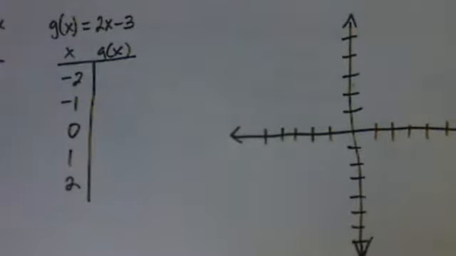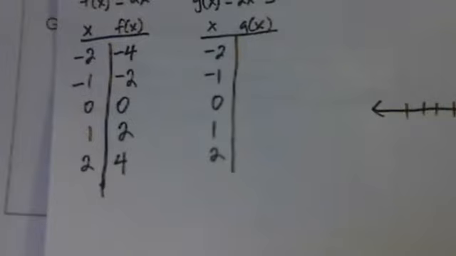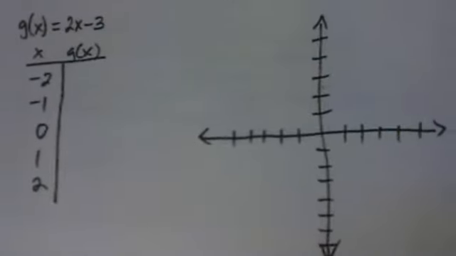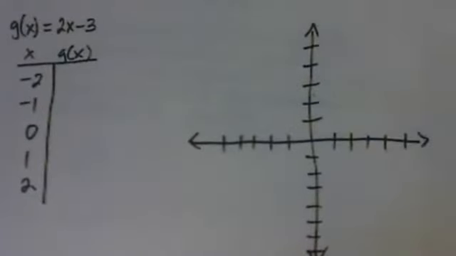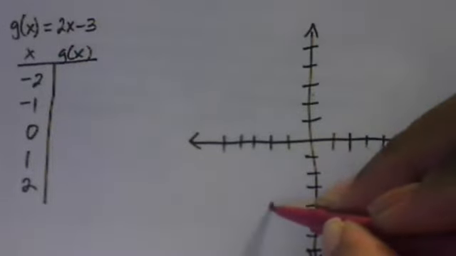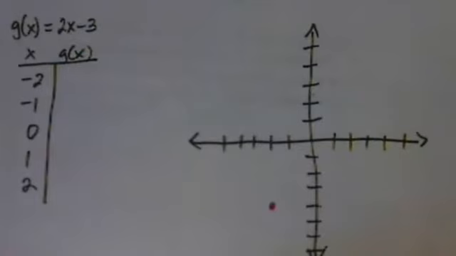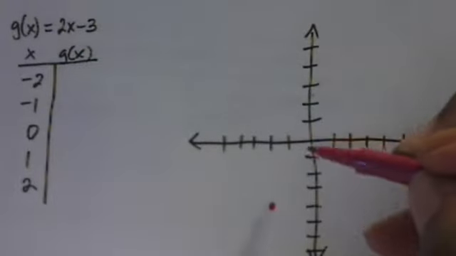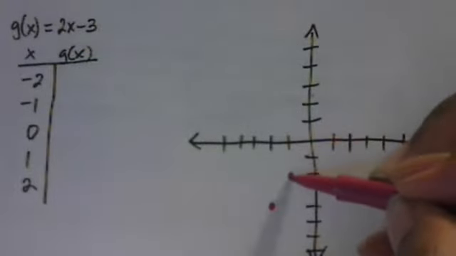Okay, now in this case here, let's first plot these ordered pairs here. Negative 2, negative 4 is this. We go to the left 2 and down 4. And draw the point. Then the next one was negative 1, negative 2, which will be to the left 1 and down 2.